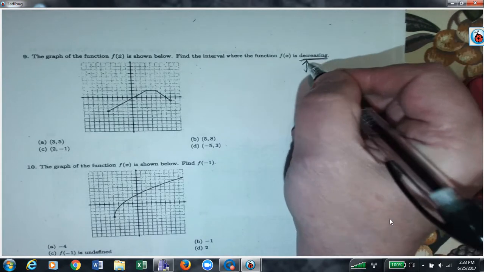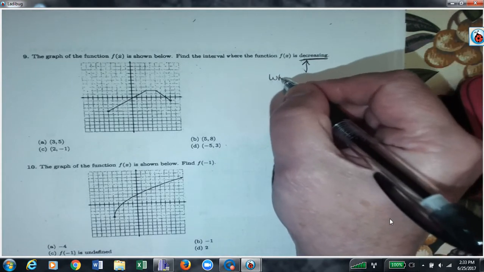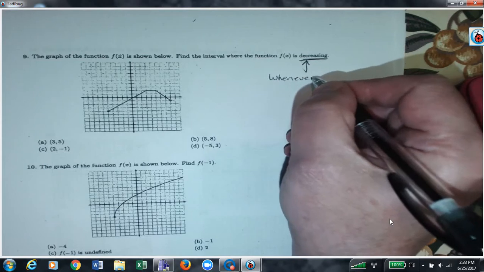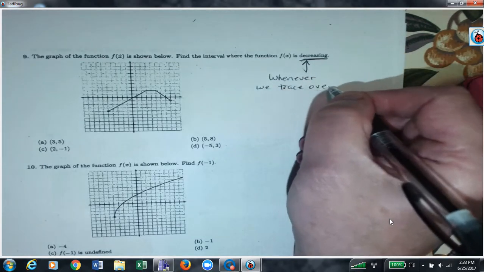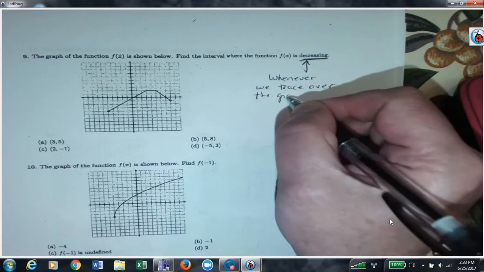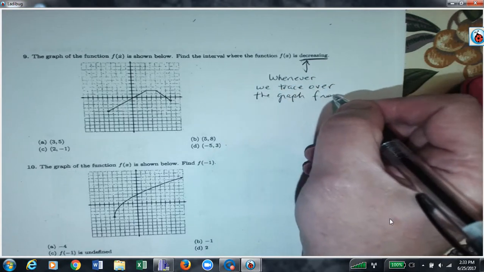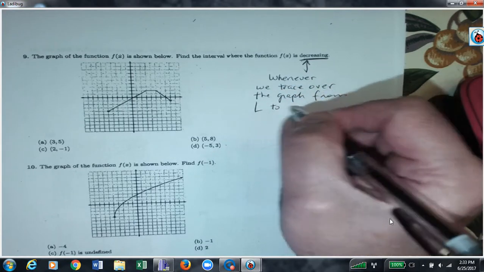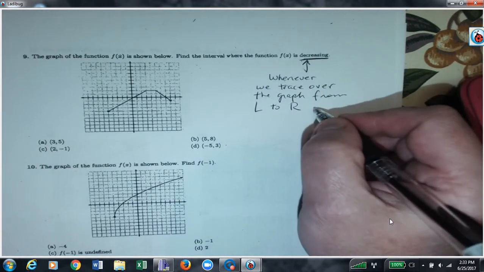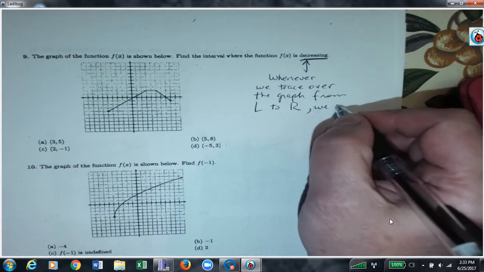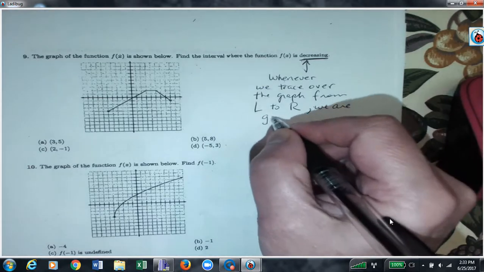This happens whenever we trace over the graph from left to right. It's decreasing if we are going downhill.